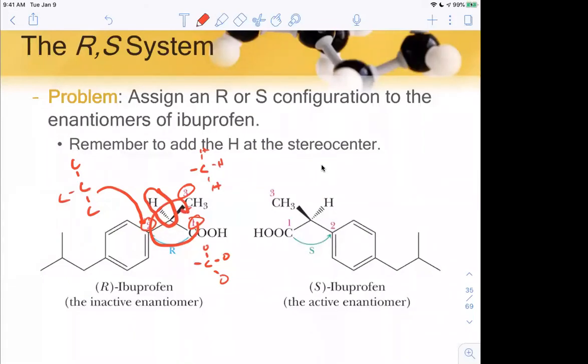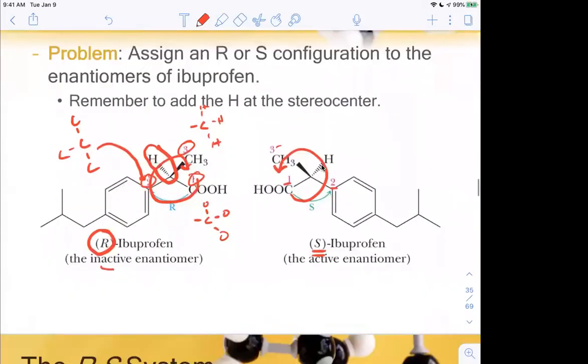It's going to be clockwise, which means the inactive is R. This has the same priority, 1, 2, 3, but notice how this is counterclockwise, so the active has the configuration S. So remember, the hydrogen or the lowest priority group must be pointing behind you, and then I can look at it like spokes on a wheel.